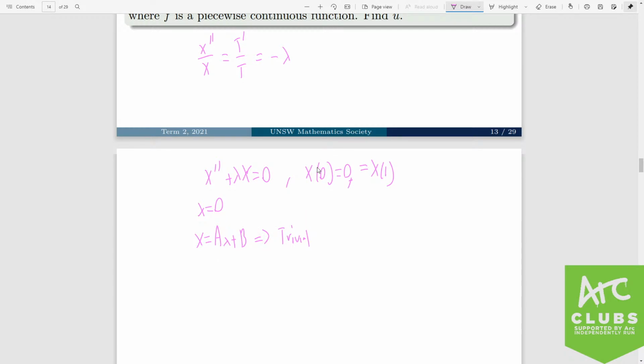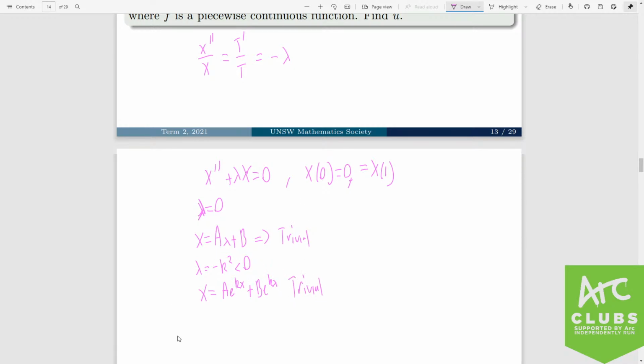Once you sub in 0 and you sub in these boundary conditions, you will find that a and b are 0. Secondly, if lambda is negative, say minus k squared, X equals a e to the kx plus b e to the minus kx. Once again, this will be trivial.